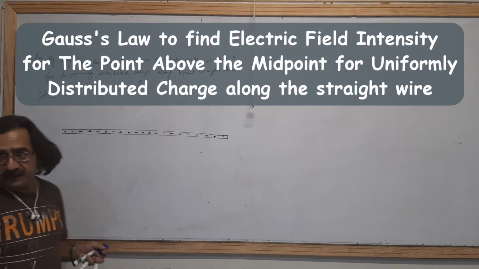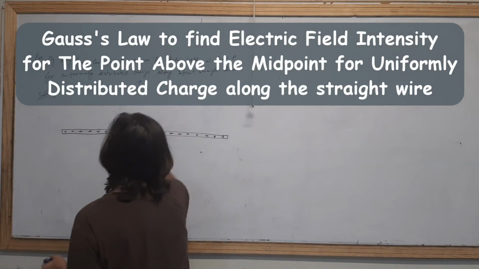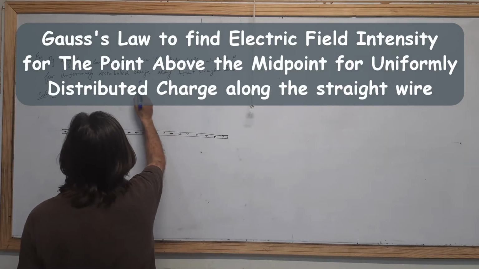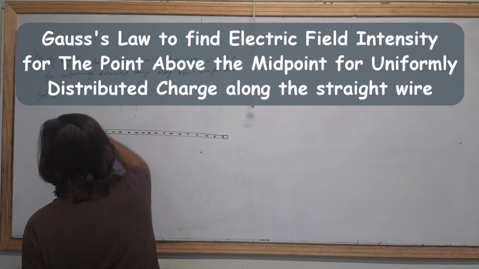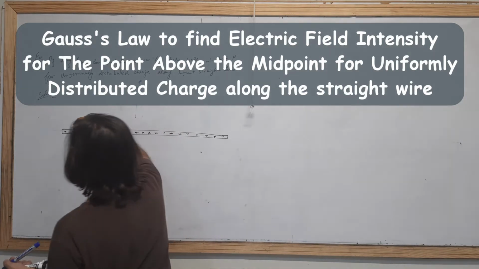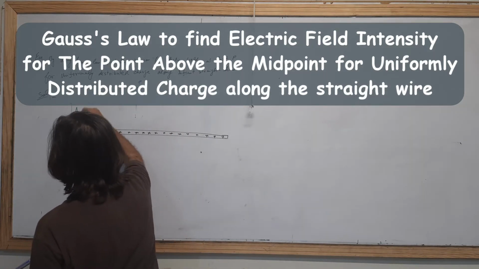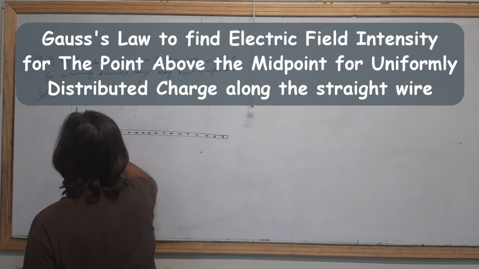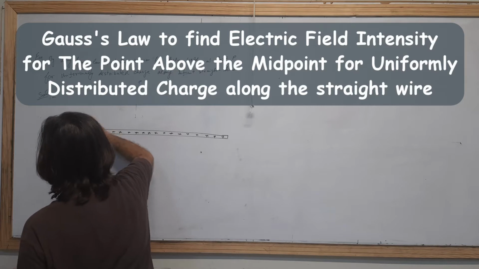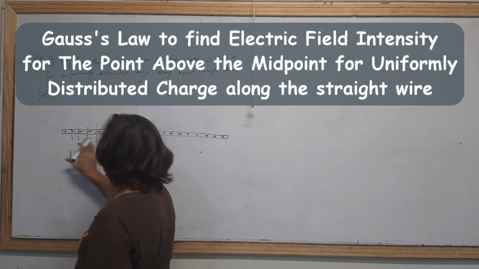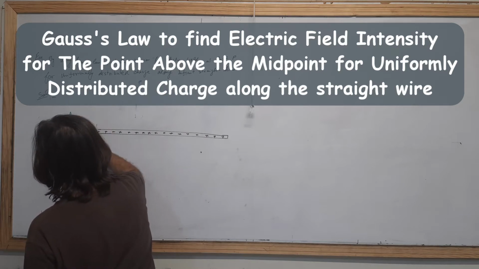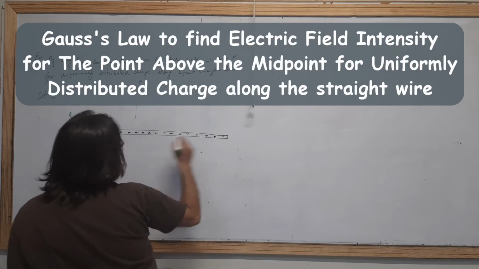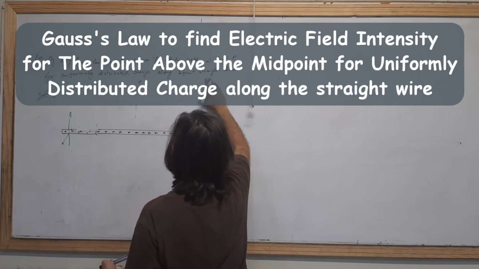As I have already explained, the electric field in this case is also radial. This is because this is a straight line, not a sheet. So the electric field will be radial.